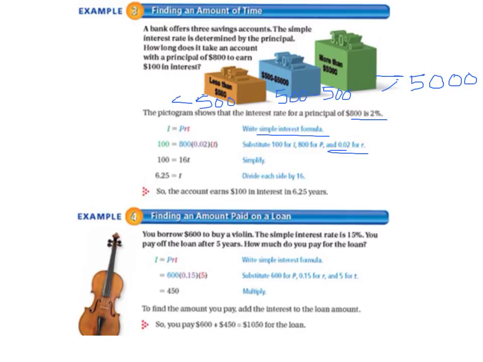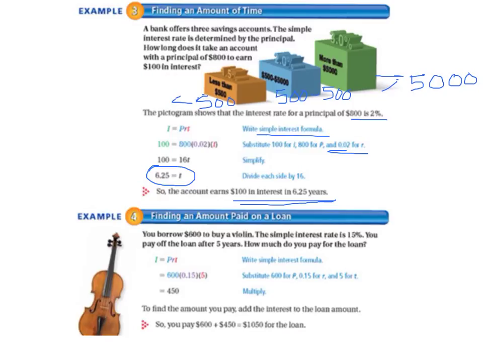And then we divide each side by 16 in order to get the T by itself, and we end up with 6.25 equals t. So that means that in order to earn $100 in interest, we would have to leave our money there for 6 1/4 years.